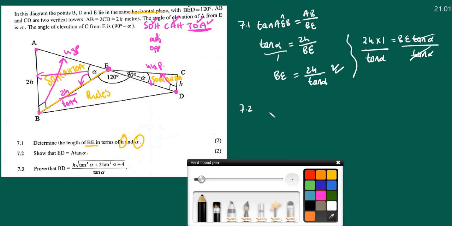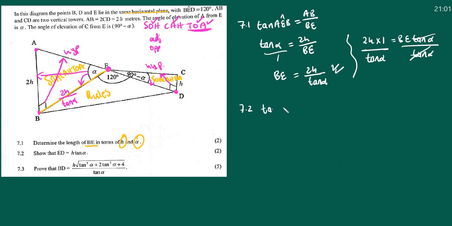So you're going to say tan of 90 degrees minus alpha is equal to H, which is the opposite, over ED. Then to get ED, you simply say it will be H over tan 90 minus alpha.